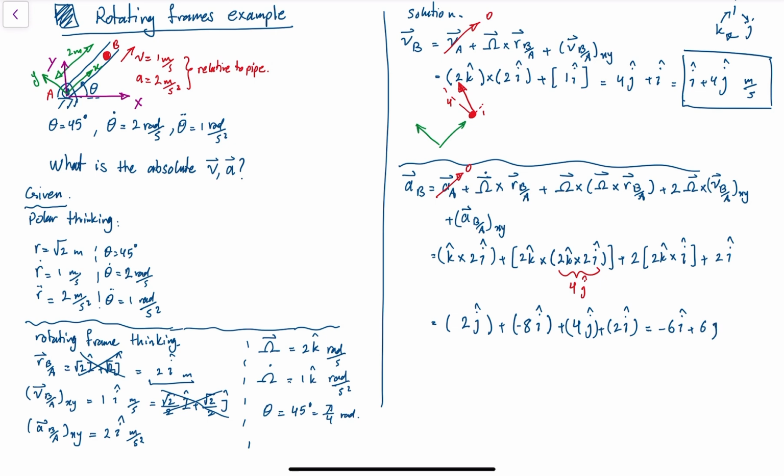Such a happy coincidence. Meters per second squared. This is the acceleration of the ball in the absolute frame, but expressed in the little ij frame. When I'm here, my acceleration is minus 6i. We expect that because as we rotate, we have a strong centripetal acceleration, which dominated the other terms. And plus 6j. So this is my acceleration.